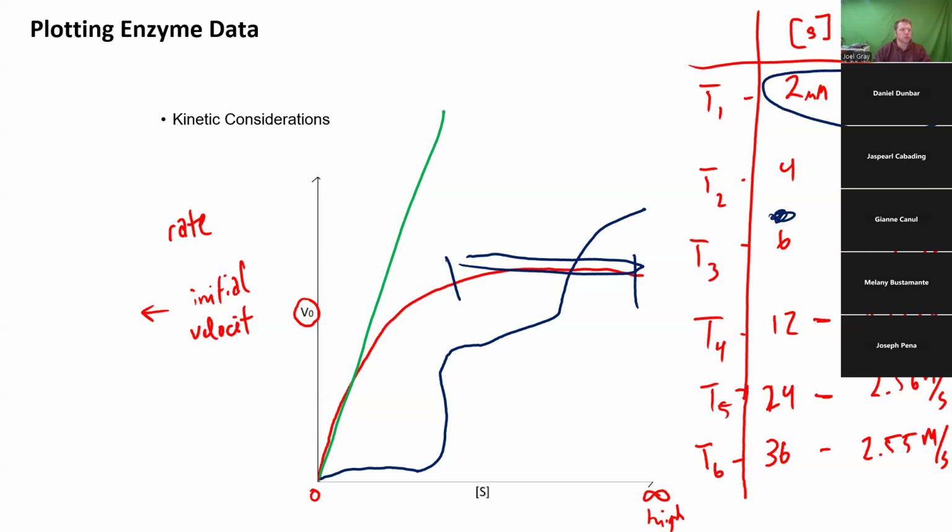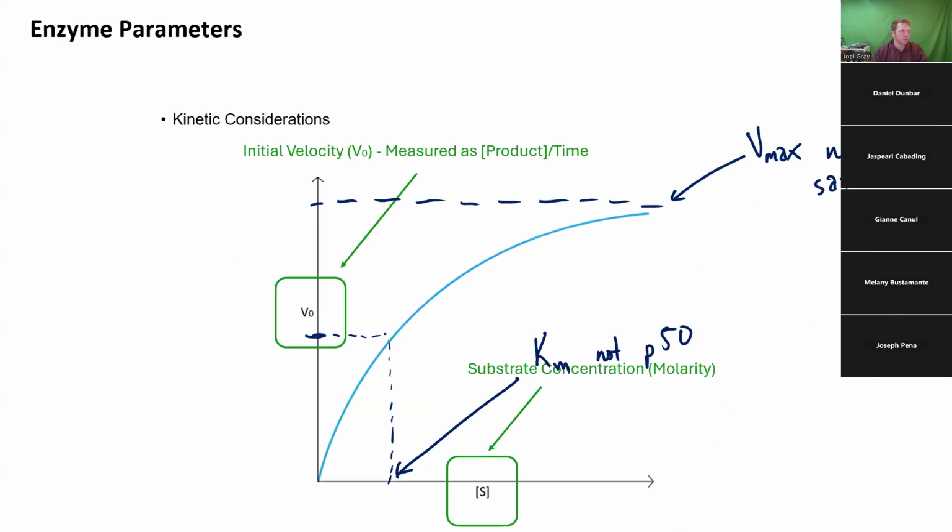We've got two different units that we looked at here. Our Km is similar to our P50. Our P50 is measured in torr. Our Km is going to be measured in whatever units the substrate was measured in.